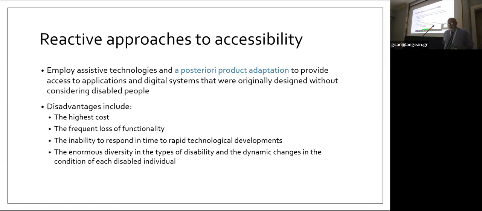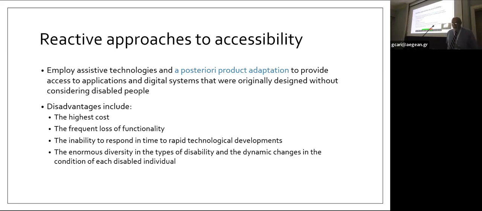Remarkable advancements have been made since then, initially with the so-called reactive approaches, employing assistive technologies, and I will come back to the definition of what is assistive technologies, and a posteriori product adaptation, to provide access to applications and digital systems that were originally designed without considering disabled people.